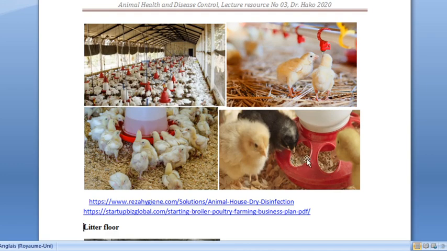You observe here that chicks cannot enter and mash on the feed, whereas here they cannot enter with the feet and contaminate the water. Here you have a drip system whereby drops are directly connected. Here the advantage of this system is that the litter is almost always dry, avoiding parasites and bacteria to develop.